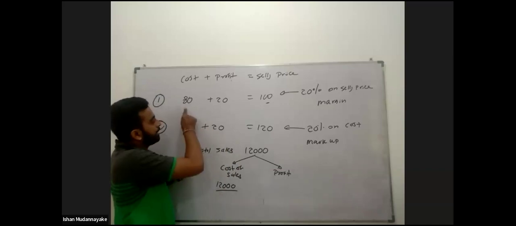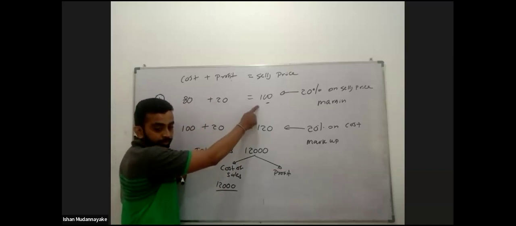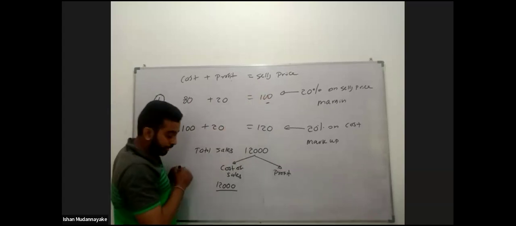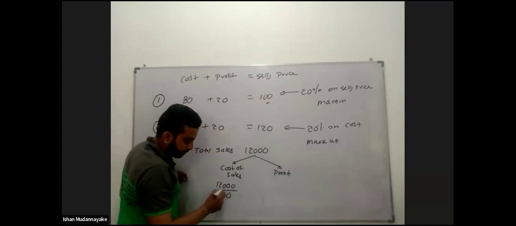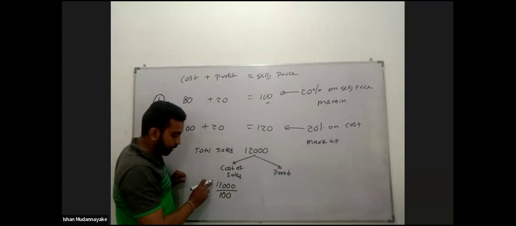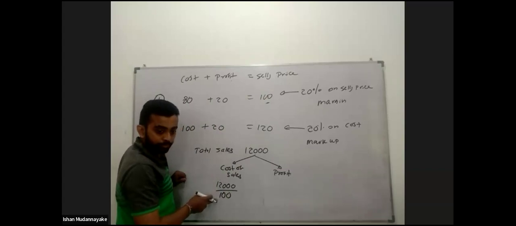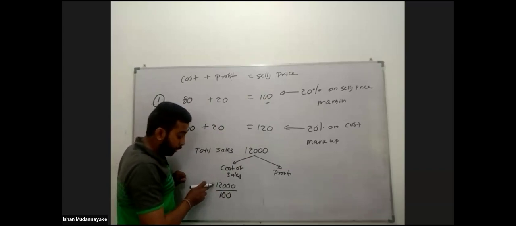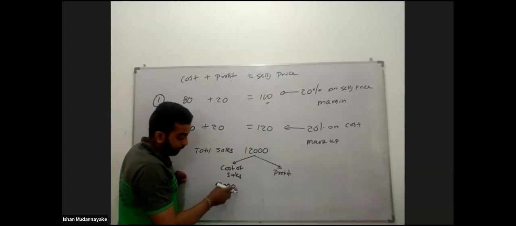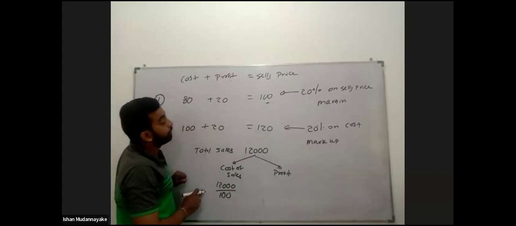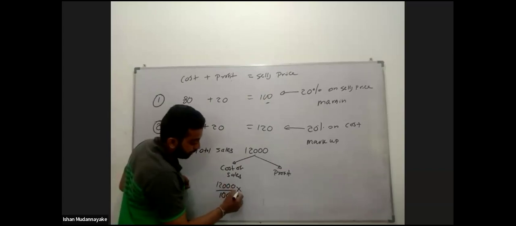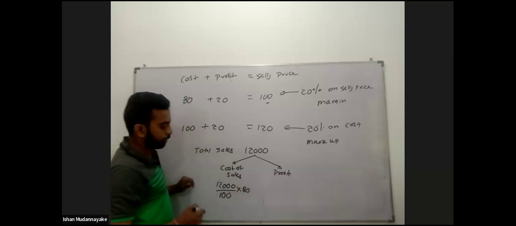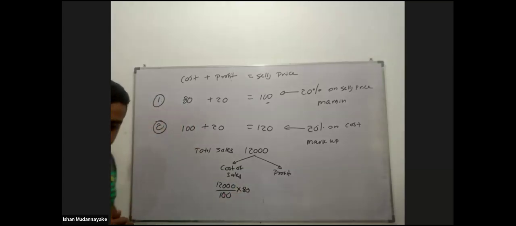The equal amount to the sale is 80, 20 or 100? Equal amount is 100. Then divide sales by 100. Always you need to divide the given amount by the equal amount. Then to calculate cost of sales, multiply by 80.